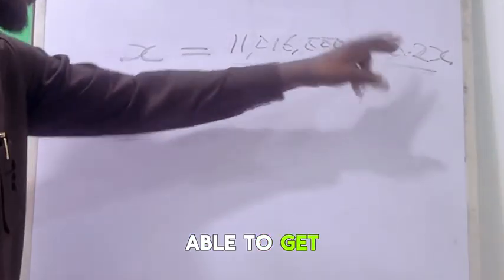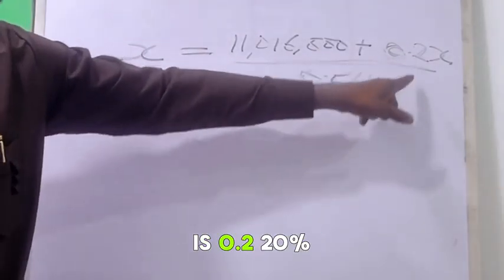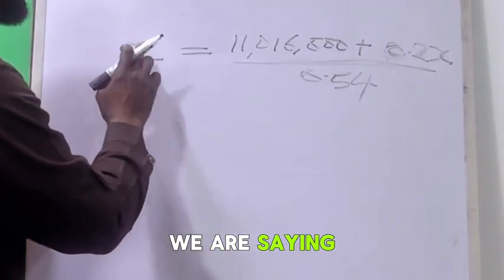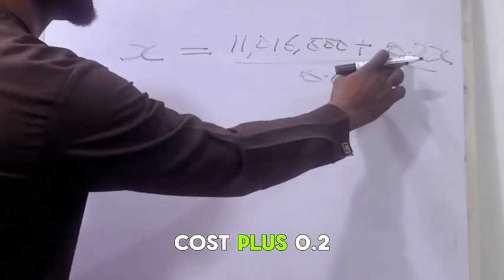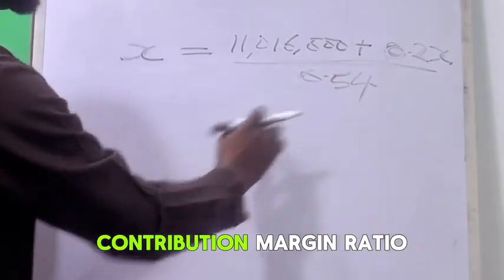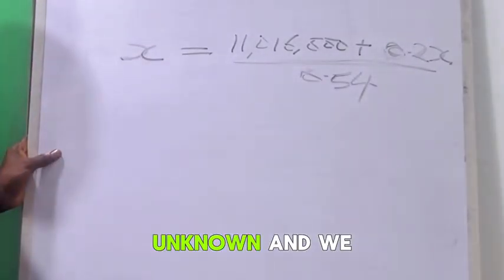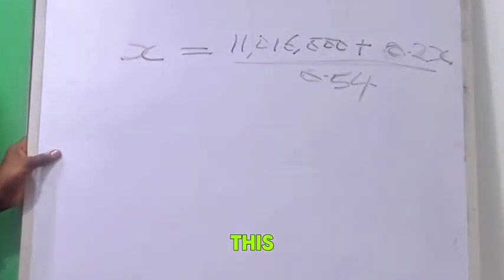So we're able to get 20%, and that 20% is 0.2. Because it is unknown, we are saying X is equal to total fixed cost plus 0.2x, all over the contribution margin ratio. X is the unknown, and we know that this is 20% of this.